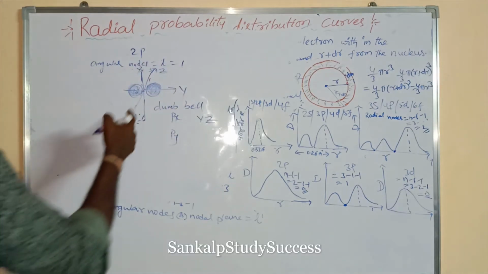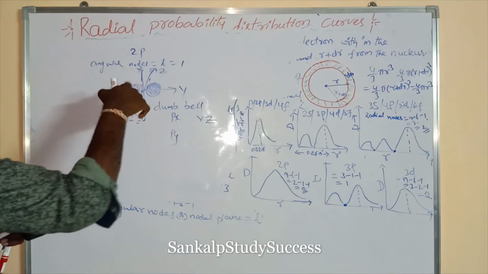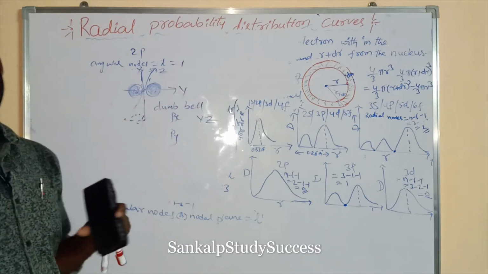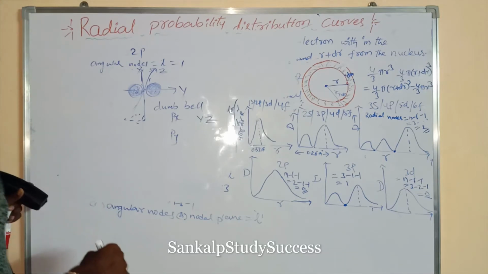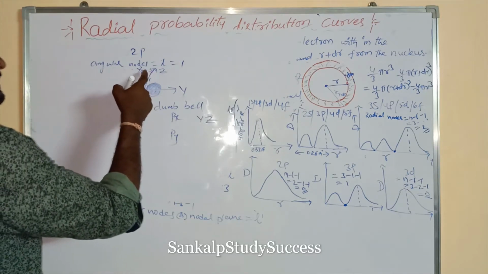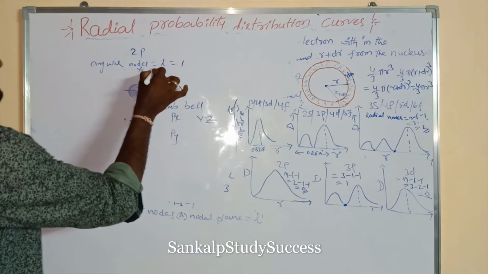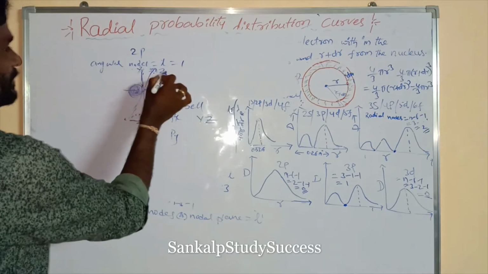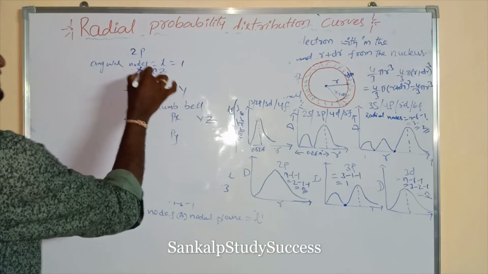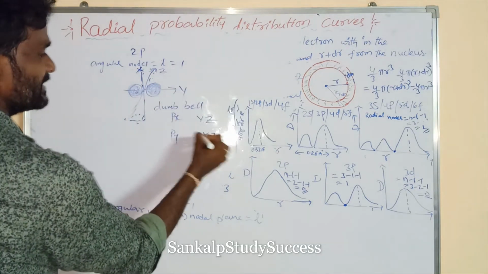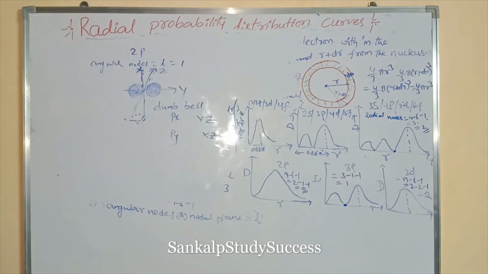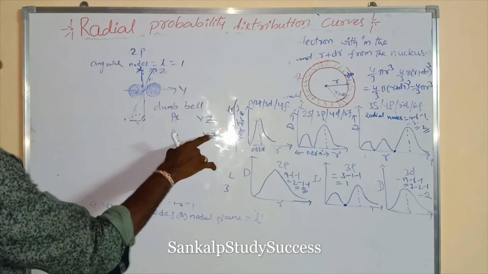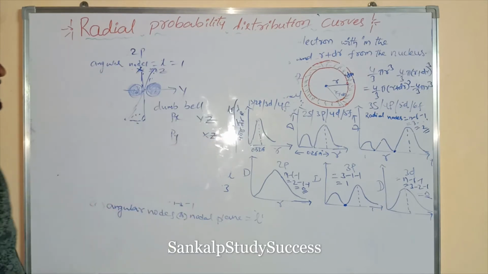Here the probability of finding electron around the nucleus is in two lobes on the y axis, that orbital is said to be py orbital, and here the probability of finding electron in the imaginary plane is 0. Sorry, not yz, xz, this is x axis. So xz is the nodal plane. For the py orbital, one nodal plane is there, that is xz plane.